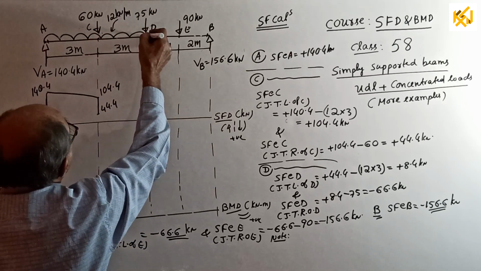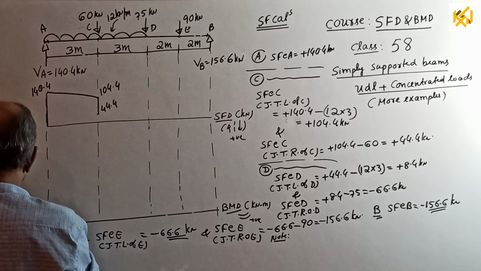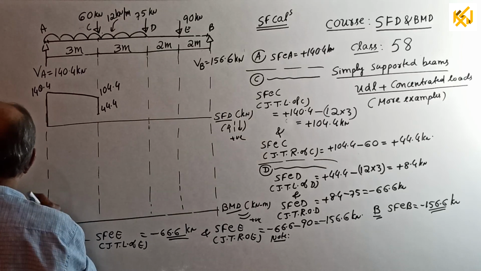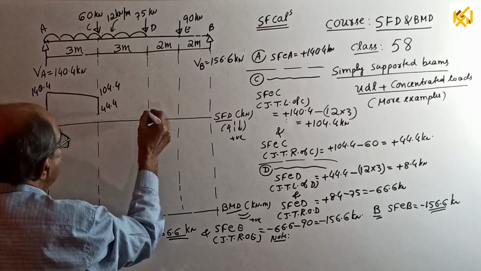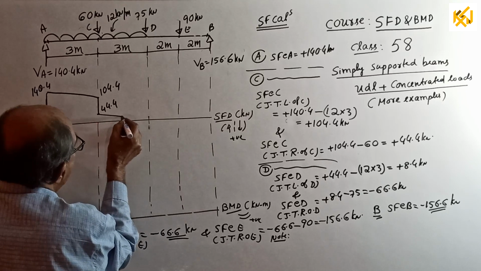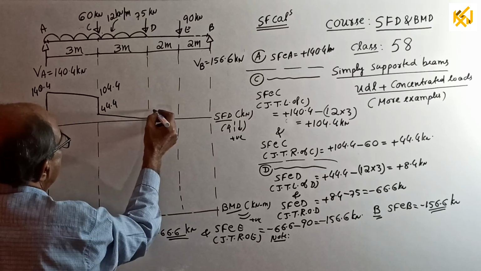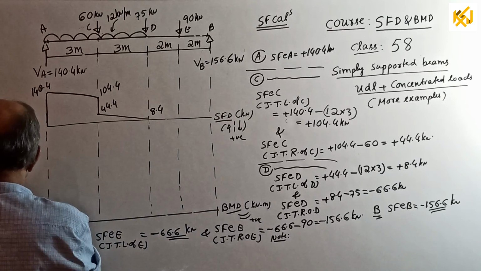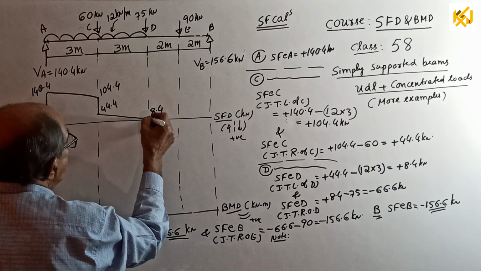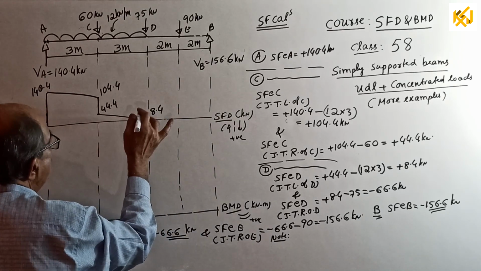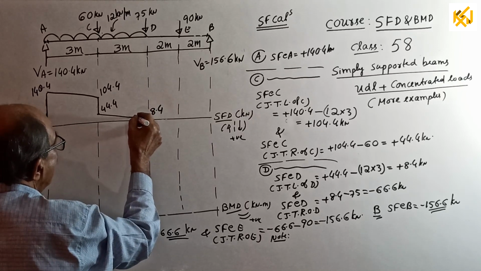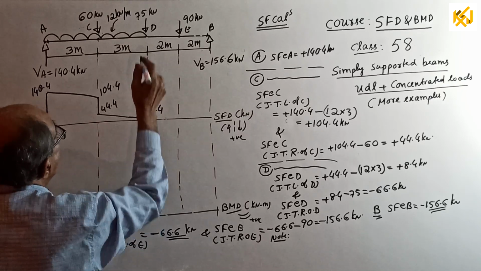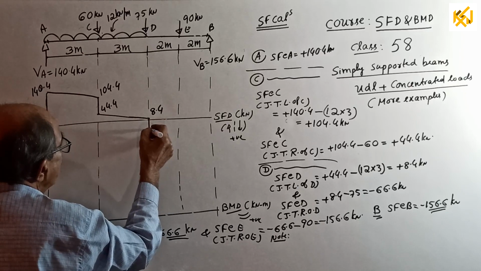From here up to here, down by 12 into 3. Minus 12 into 3 is 8.4 plus. Very small value. See, sufficient. 8.4. Down by 75. Oh, shear force diagram is crossing the baseline at a known point. That is where? Exactly at D. That's the advantage of this question.